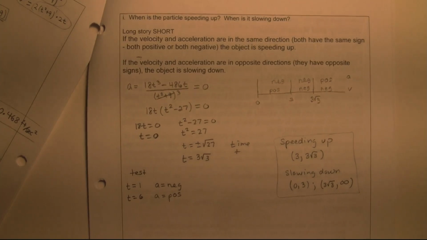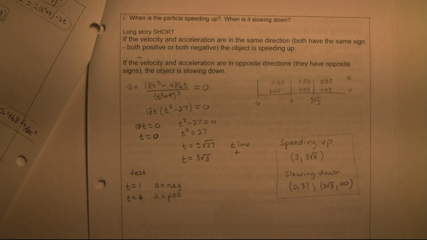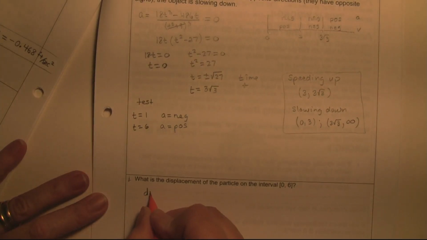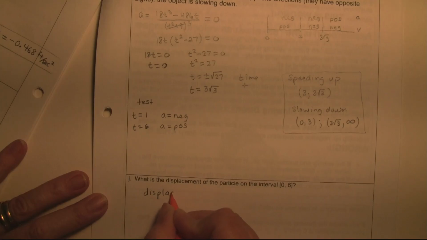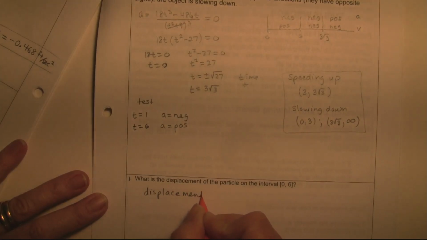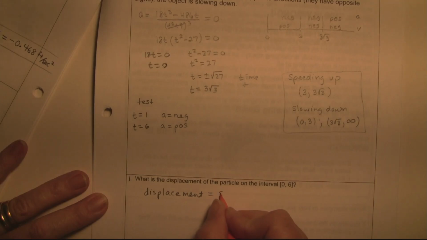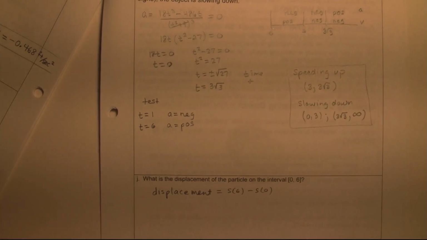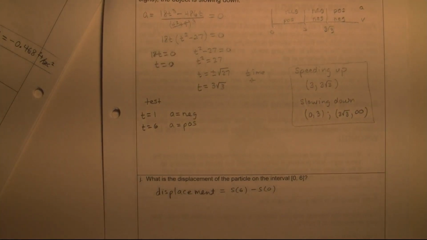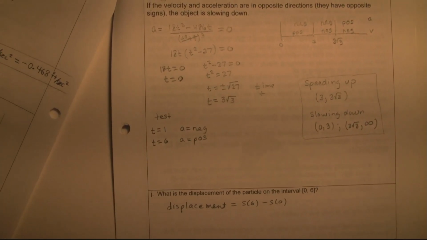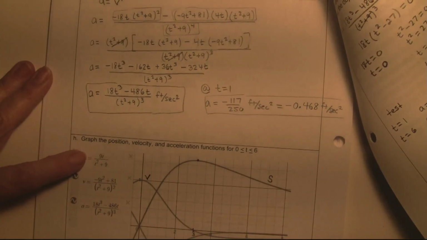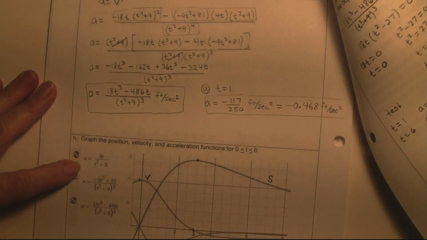Then it asked me what is the displacement of the particle on the interval 0 to 6. And the good news is the displacement is equal to S at 6 minus S at 0. And we had S written right over here. I don't believe we have found S at 6 yet.